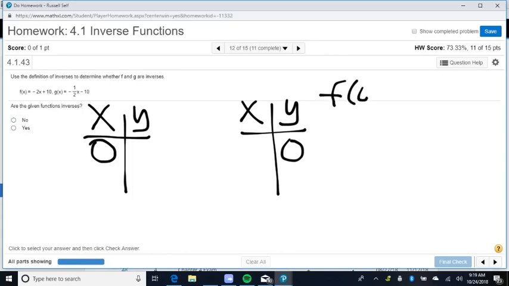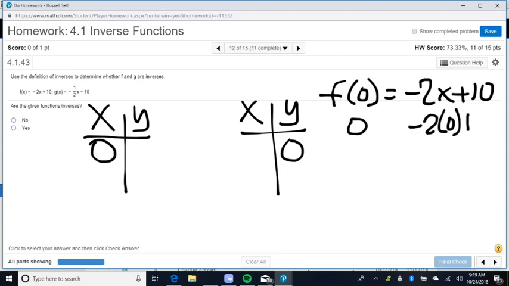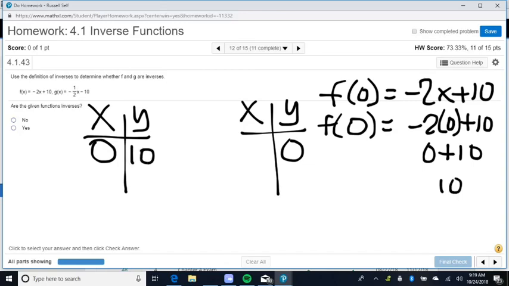So first we'll find f of 0 equals negative 2x plus 10. Negative 2 times 0 plus 10. That's 0, isn't it? So that gives us 0 plus 10, which gives us 10. So it should be 0, 10.